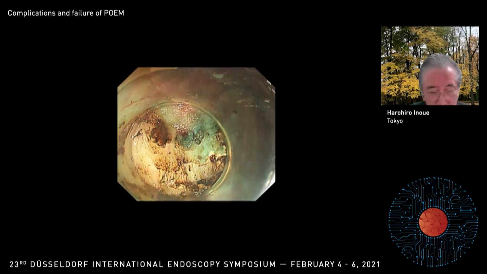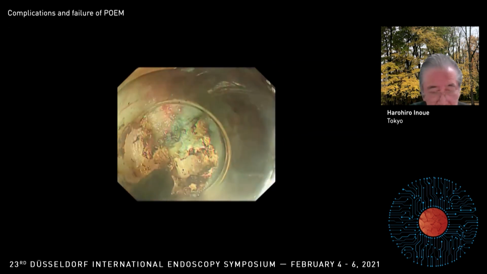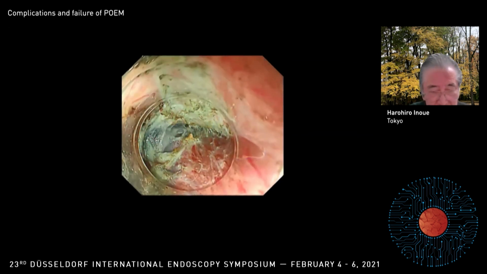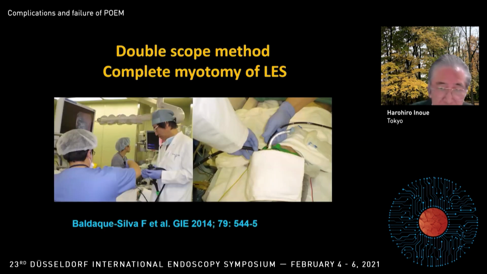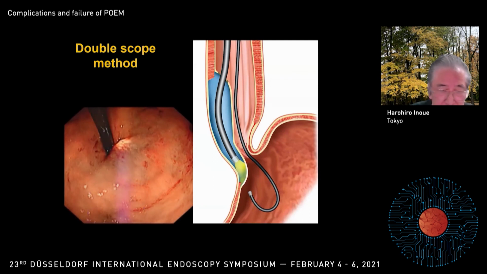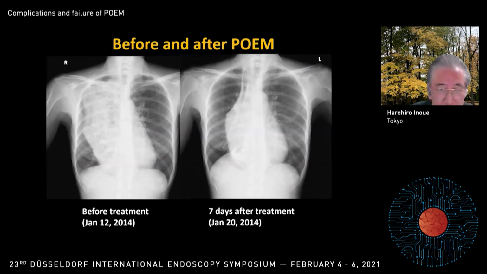The muscle layer was very thick. We dissected the LES totally using the double scope technique, controlling the position of the scope. Then 7 days after treatment, the dilated esophagus had recovered.